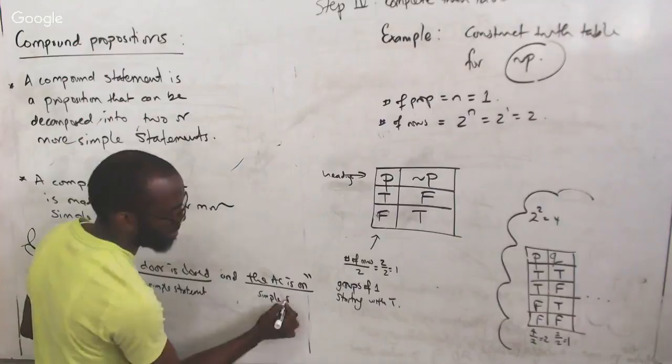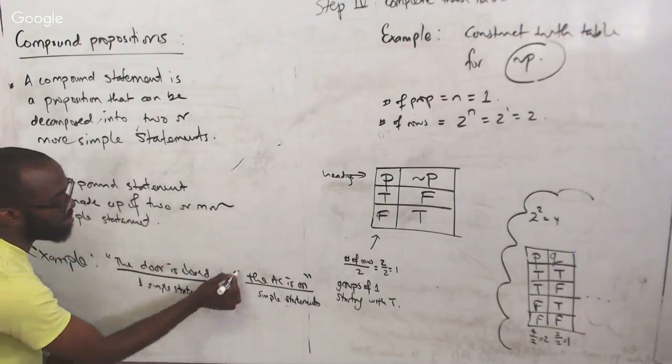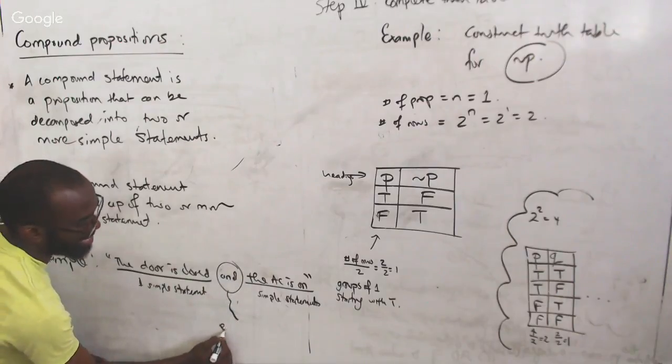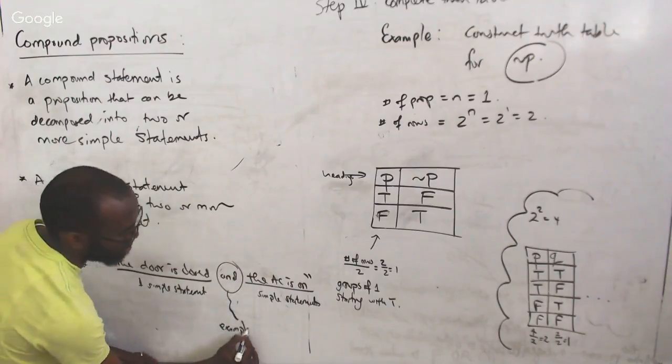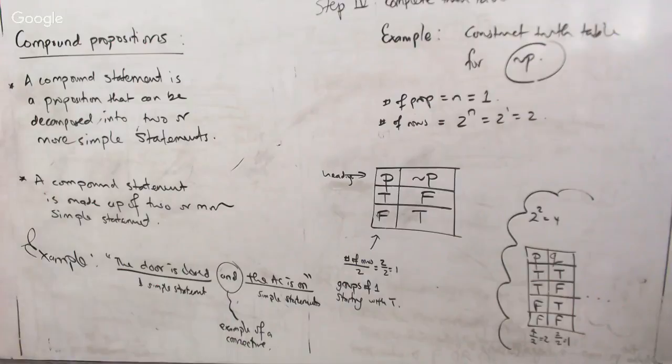Two simple statements. That's all. And then this thing right here is an example, only an example of a connective. What's a connective? Something that is used to join two simple statements.